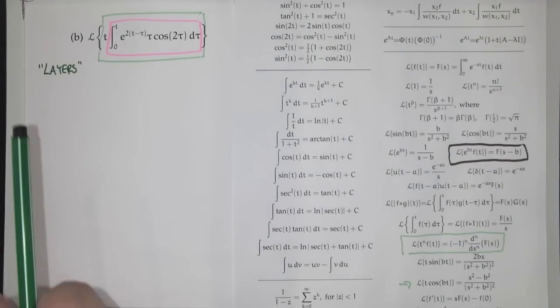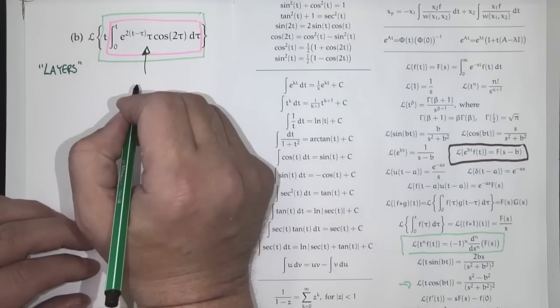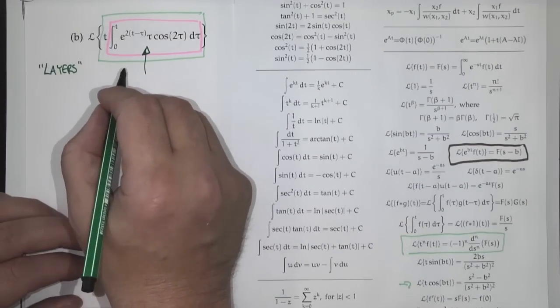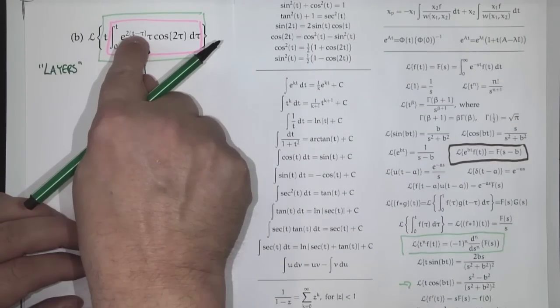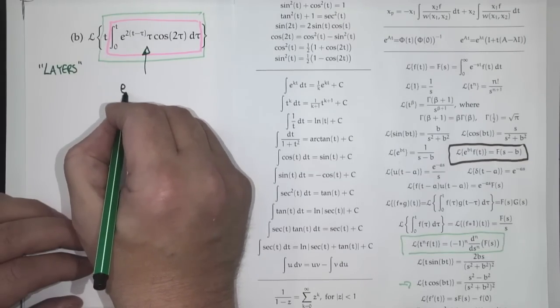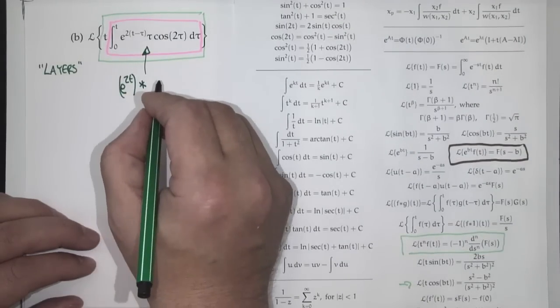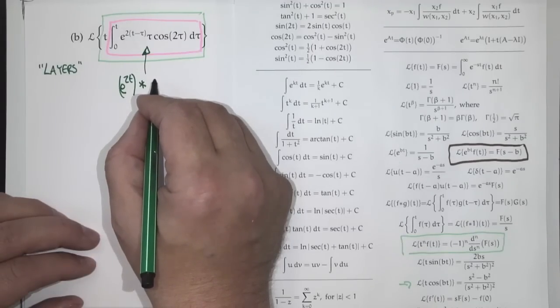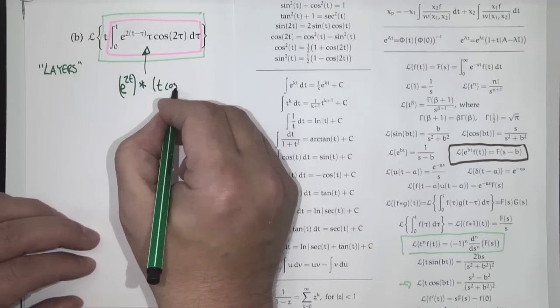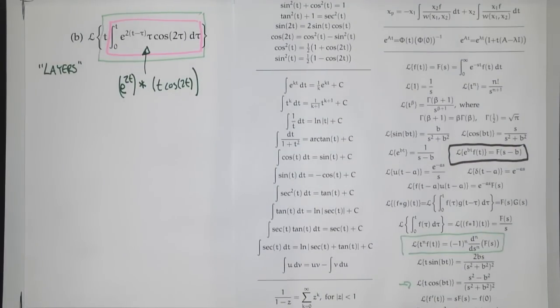Say, okay, what's really going on in here? Well, another way to say this, because we already have t minus tau, and here is tau, is that this is e to the 2t, and we put this star notation here, of t cosine 2t. All right. So let's suppose we only had that.